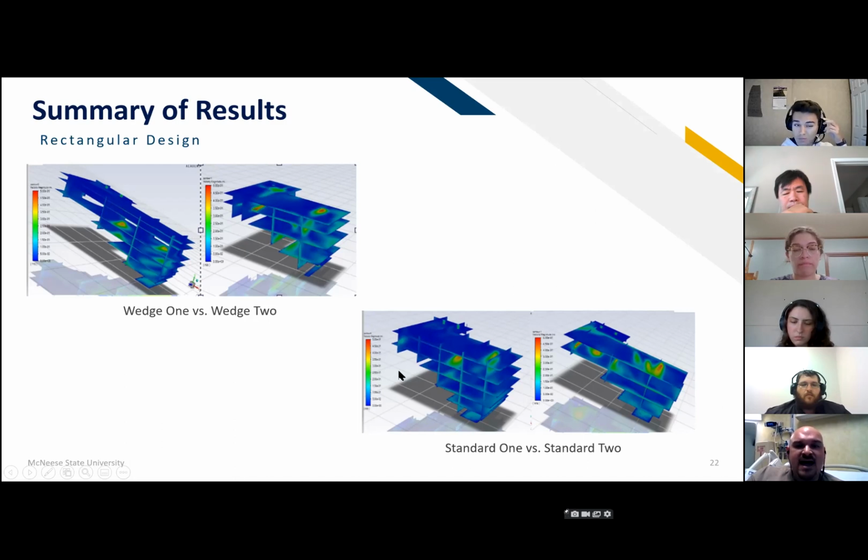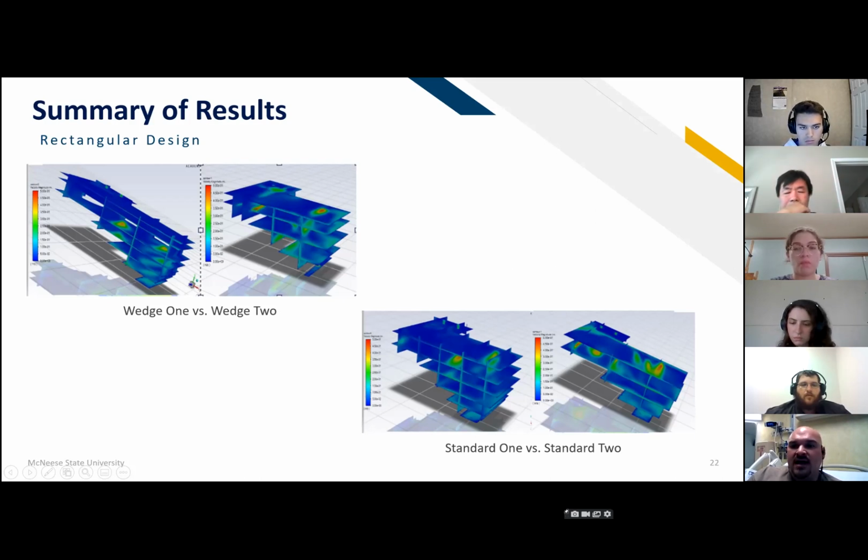So in order to fix that, we added an injection point in the shallow end and at the deep end. And if you look at wedge 2 and standard 2, you can see that the shallow end and the surface both have more green, red, and yellow areas, which means that there was more flow added to those areas. Now, just looking at one set of visual results doesn't allow us to draw any conclusions.